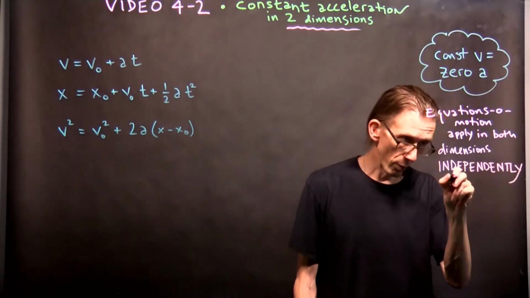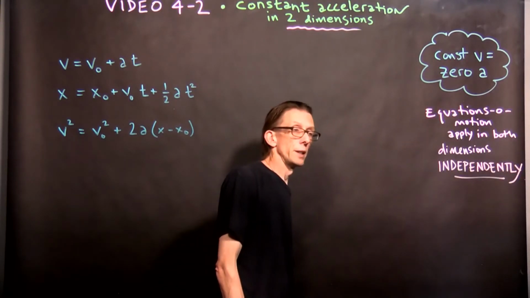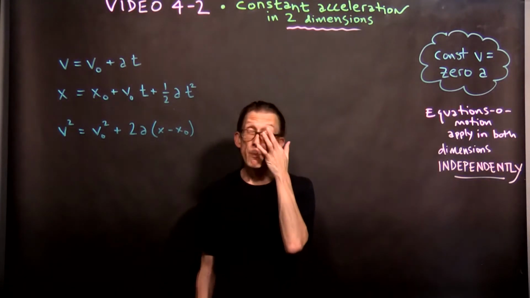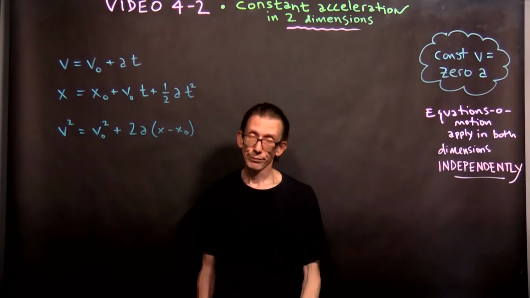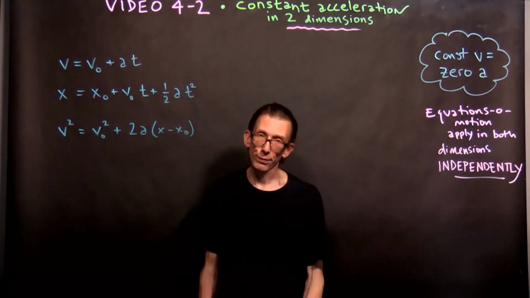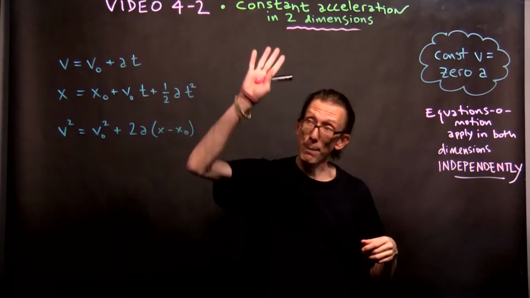Very hard to write when you're up close. I think I spelled that correctly. Okay, let's be independent together, remember that from Rudolph the Red-Nosed Reindeer. So these are going to apply in both x and y.